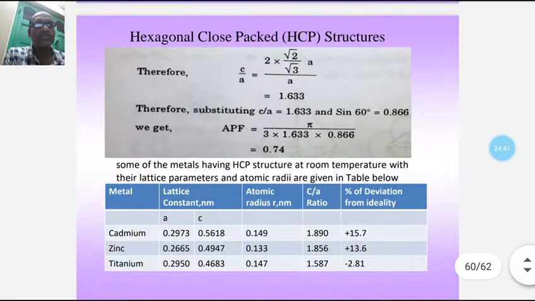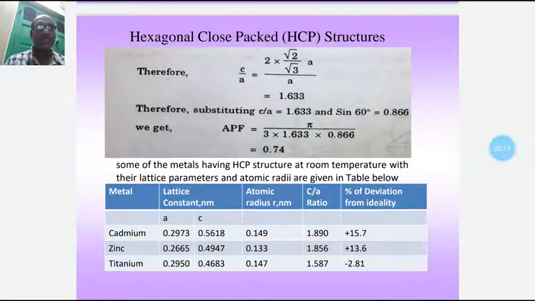So we can see, first of all we know that for an ideal HCP, the C by A ratio just we have calculated, that is 1.633 and APF is 0.74. So this ideal close pack hexagonal structure, near to this ideal structure, can be seen in some metal at room temperature. For example, that is cadmium.